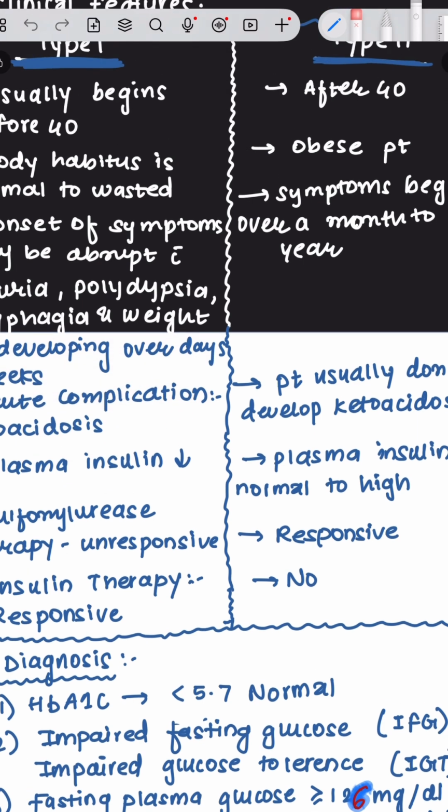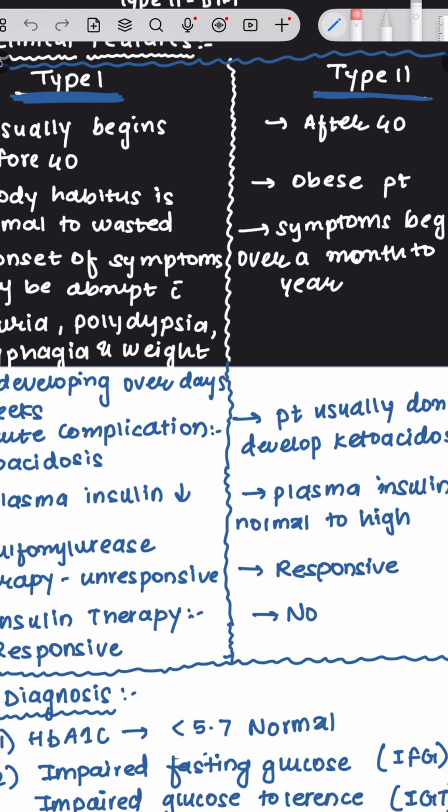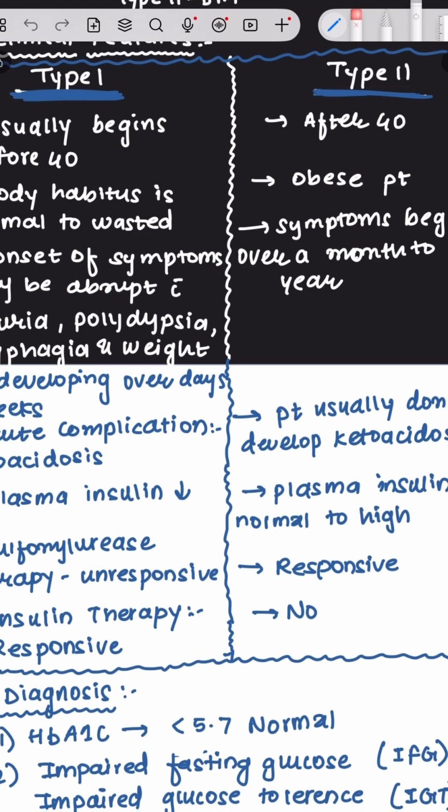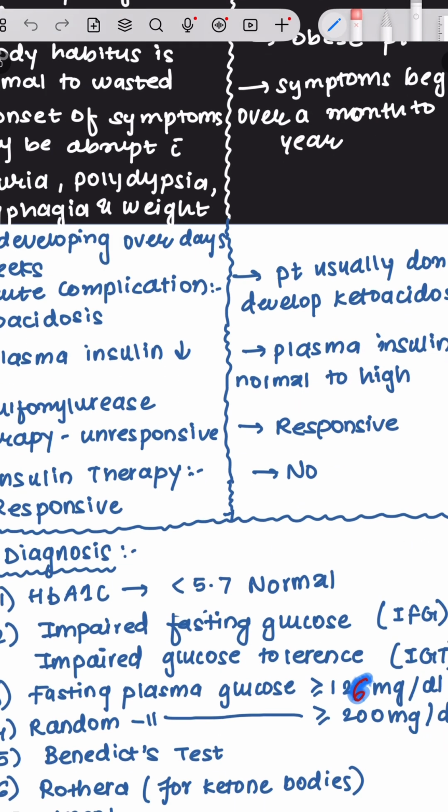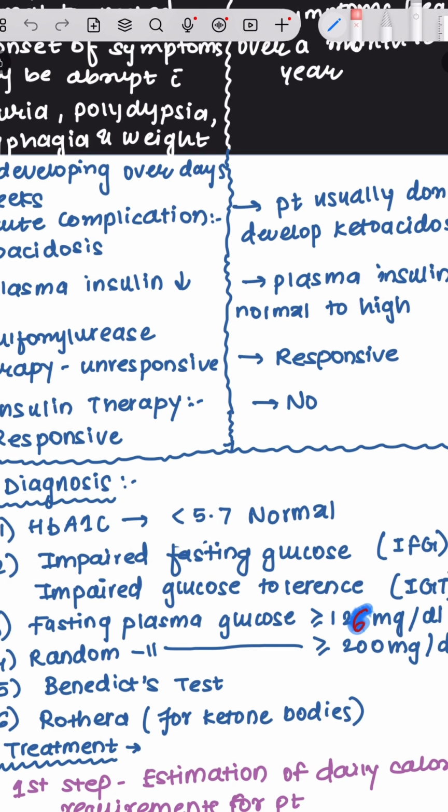This is one of the very important things to note. Ketoacidosis is the complication of type 1 diabetes mellitus. While patients usually don't develop ketoacidosis in type 2 diabetes mellitus, there is decrease in the level of plasma insulin in type 1 diabetes, while plasma insulin may be normal to high in case of type 2 diabetes mellitus.